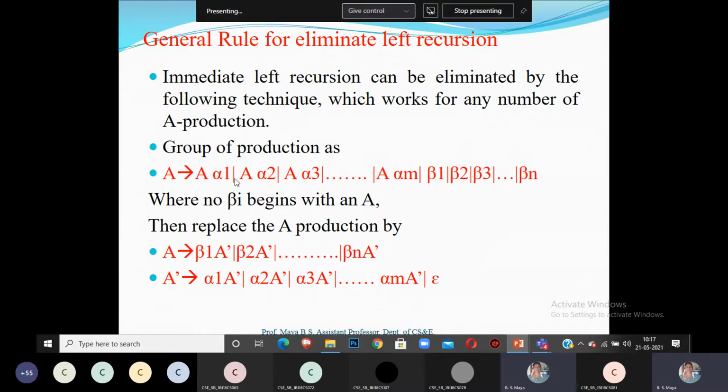The remaining is alpha 1 into A dash. Next, second alternative: alpha 2 into A dash. Third: alpha 3 into A dash, and so on up to alpha m into A dash. Don't forget to write epsilon. Including this, you have an epsilon production.